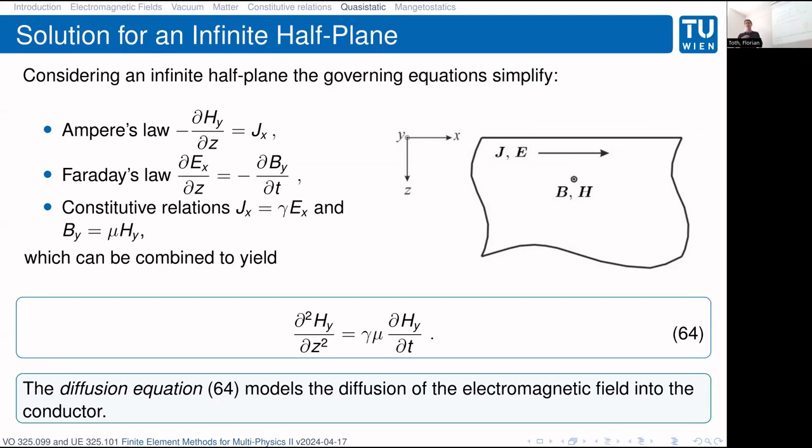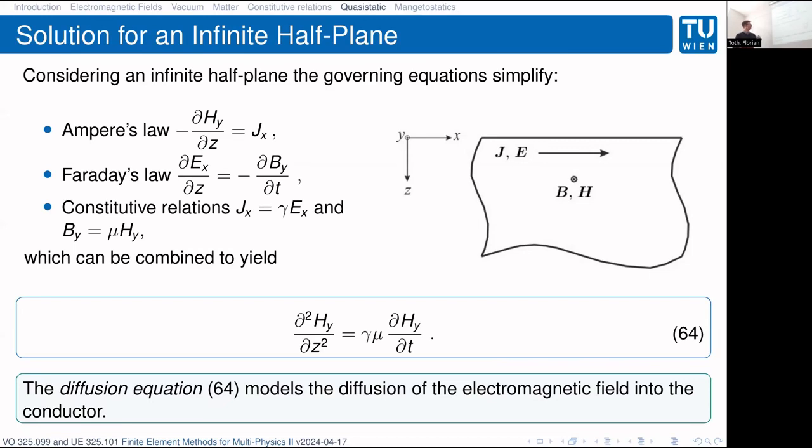Then you can formulate the equations in a scalar sense. You have the H component, the magnetic component, in Y direction pointing into the blackboard, and in X direction we have the current density component, and the curls simplify to normal derivatives in Z direction.